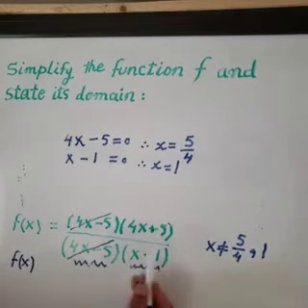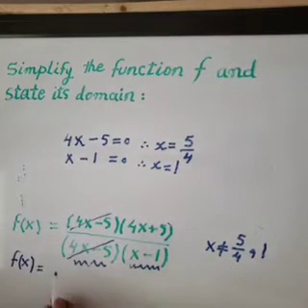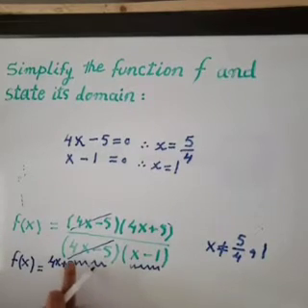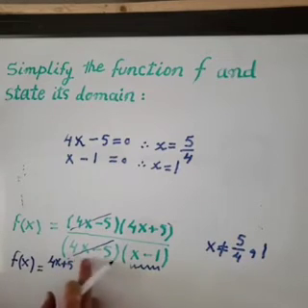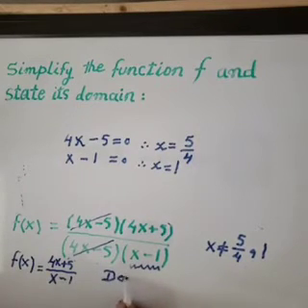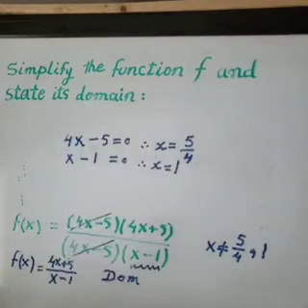You will get only 4x plus 5 over x minus 1, and the domain is, as they said, and state its domain.